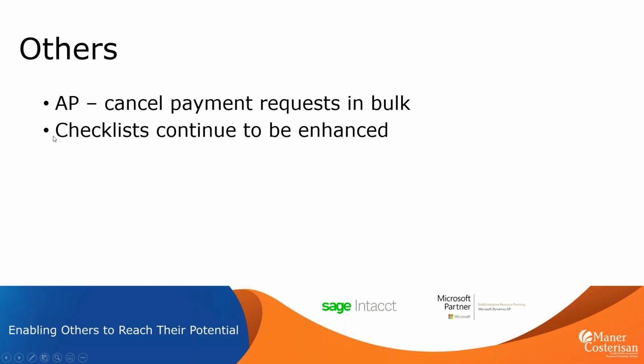The other thing I wanted to talk about here is checklists. Checklists have been around for, I think, 1 or 2 releases, but Intacct itself is building in native functionality to help assist you with your closing process.